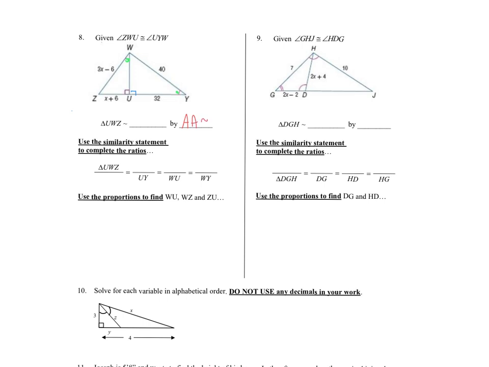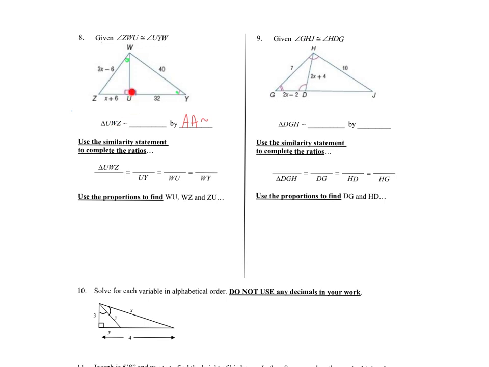And if we look at how to name our similarity statement, if we start with U, which is the 90-degree angle, and go to W, which is the green dot, and then over to Z, which is how they have it named here, that means we must follow the same procedure.